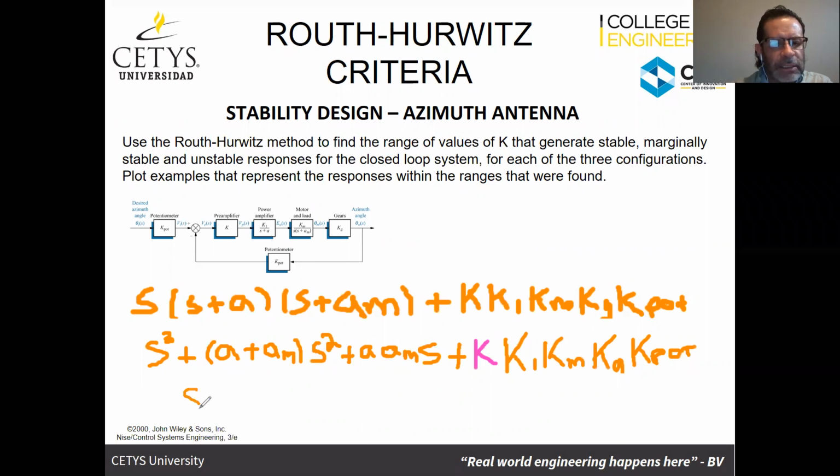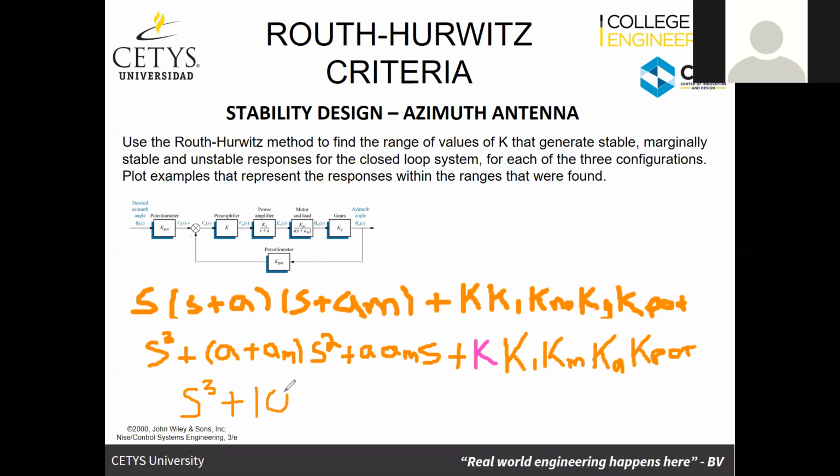So this would be s to the 3. How much is a plus am? You've got the values there. Somebody please help me out with that value. 101.71 s squared.